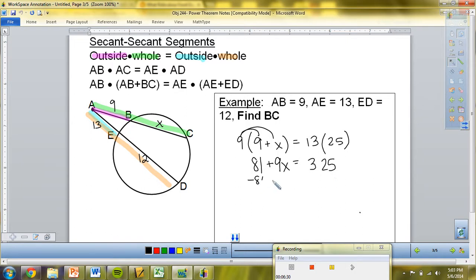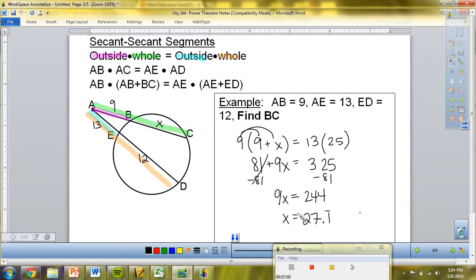I'm going to subtract 81 from both sides, which leaves me with 9X equal to 244. I divide by 9, and my X is going to be equal to 27.1 repeating.